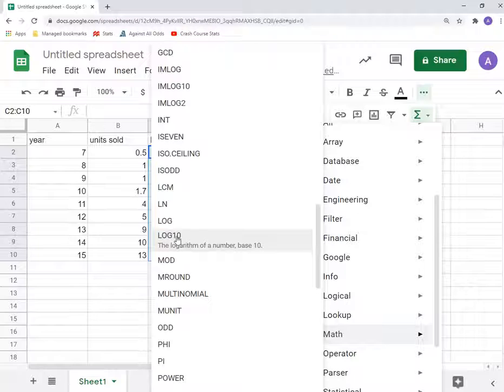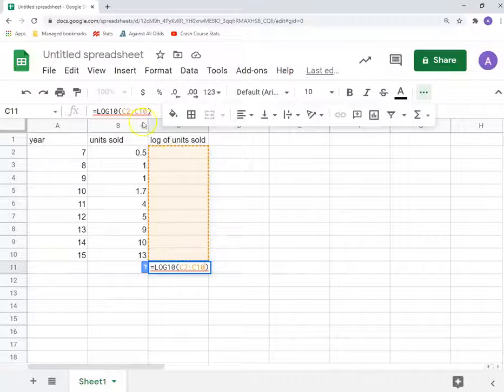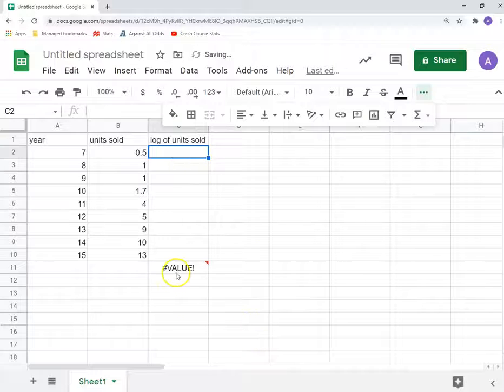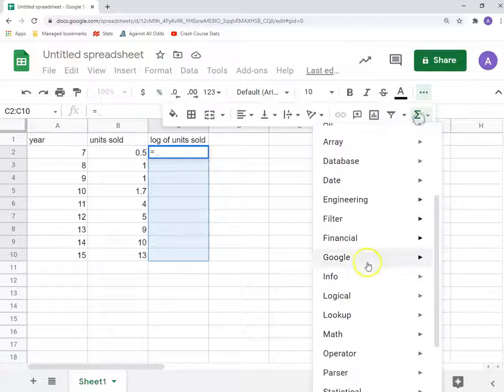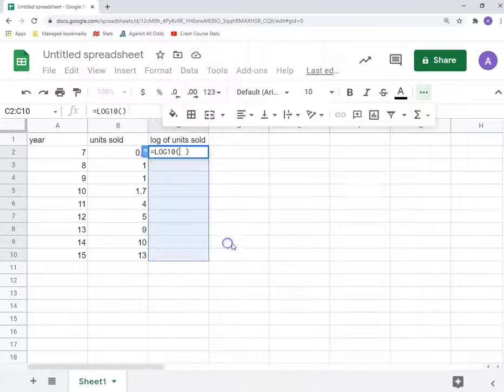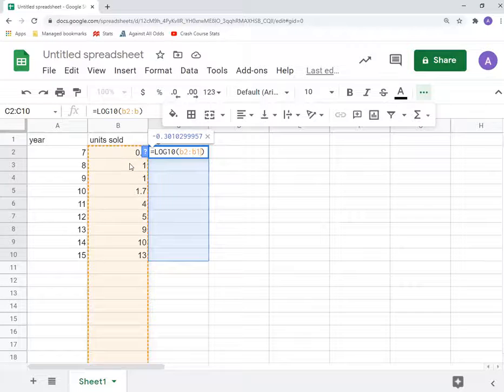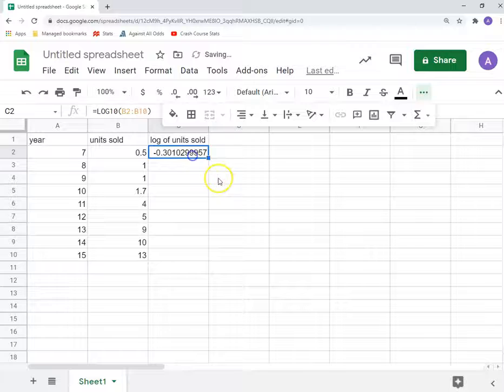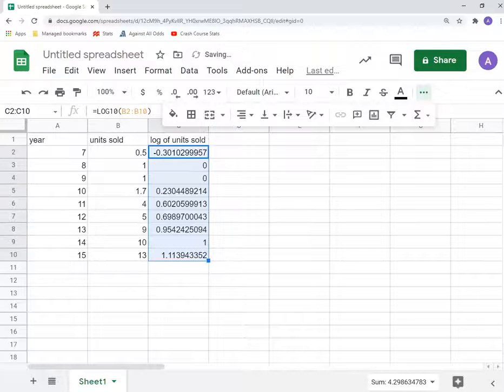Sorry, mine's in the wrong place. Equals log 10, and then you want B2 to B10 because that's where all the units sold are. B2 to B10. Hit enter. Click on the one it gives you and pull it down.